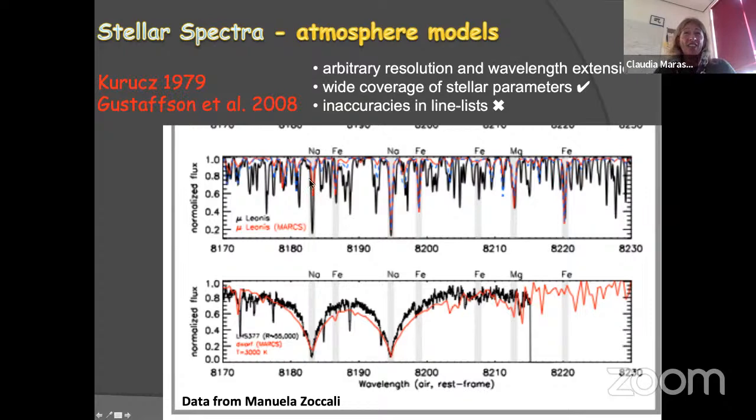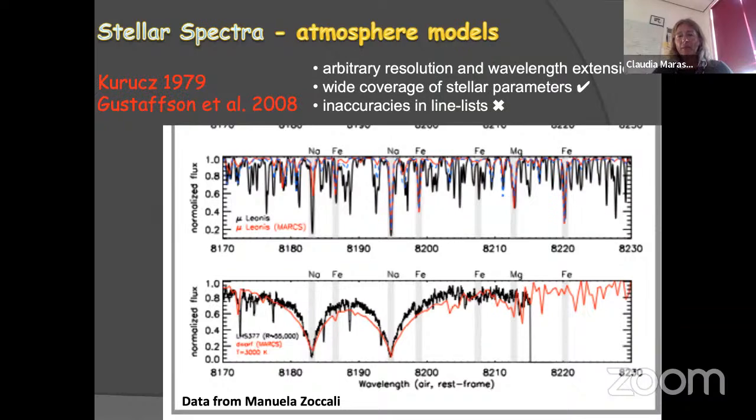The giant, on the other hand, is missing a lot of titanium absorption, which will alter the continuum. You see here in this black line features that are not fit by the models. So this is just an example. People have realized this well before me, and there are also groups in Brazil.